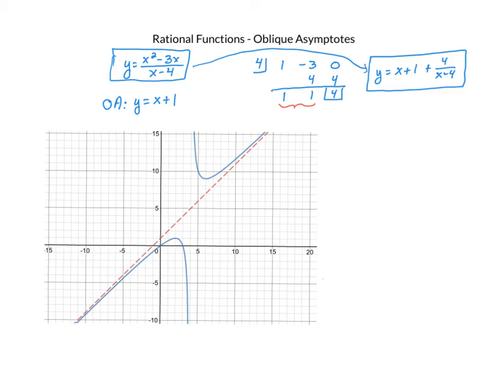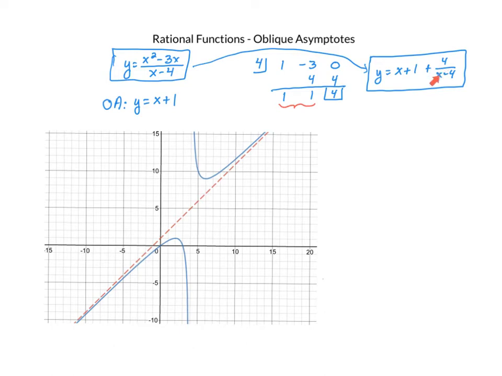Well, it turns out when we're looking at the function in this form, the equation of our oblique asymptote is looking at us. Consider what happens if you substitute big numbers into this function right here. Notice if you put in 100, this would be a very tiny fraction. If you put in 1,000, it would be smaller still.